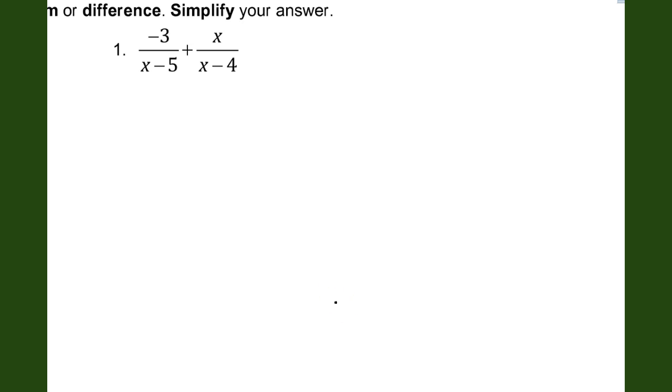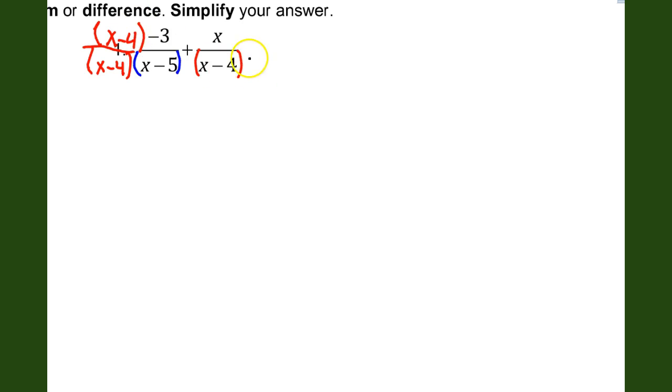Okay. So same idea right here. We have x minus 5 and we got an x minus 4. So each fraction is missing the other denominator. So we just need to multiply this left side by x minus 4 top and bottom.